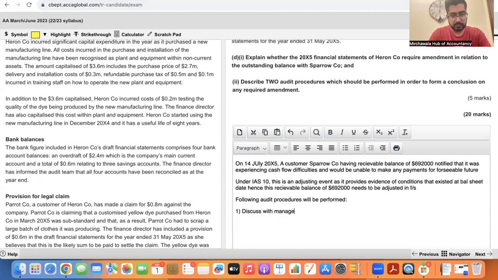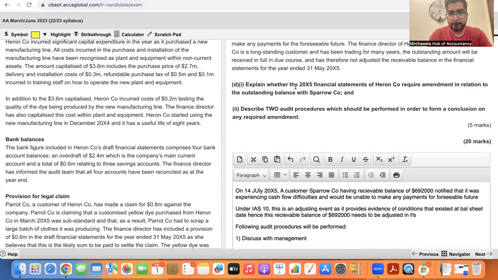Discuss with management why they have not adjusted the receivable balance in the financial statements.